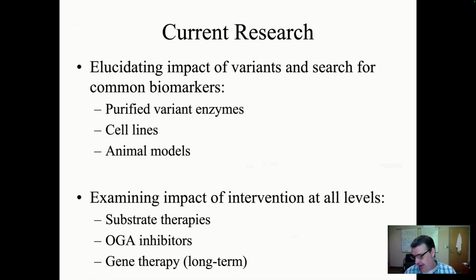So having said that, let me back up a little bit and talk about some of the current research. Right now, what many groups are doing, including ours, is trying to elucidate the impact of the variants. You saw that there are different mutations all over the gene, and so we're trying to take each one individually and say what's going on, and also to search for common biomarkers if we take them all together.